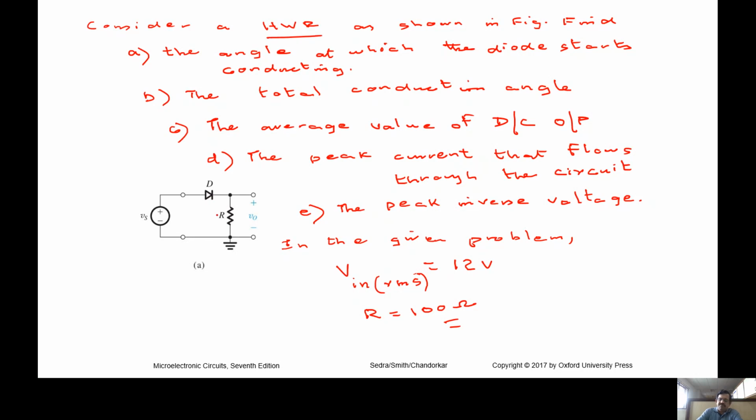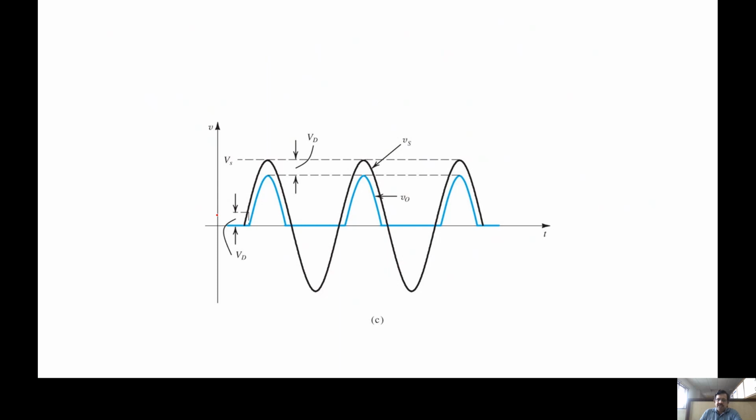To understand that, let us draw the output as a function of time, and then we will be able to do the problem of the angle at which the diode starts conducting. This is the typical output from a half-wave rectifier. The diode conducts only in one half of the cycle.